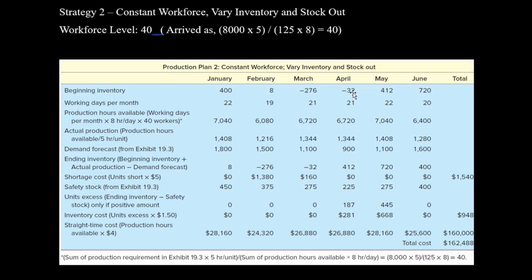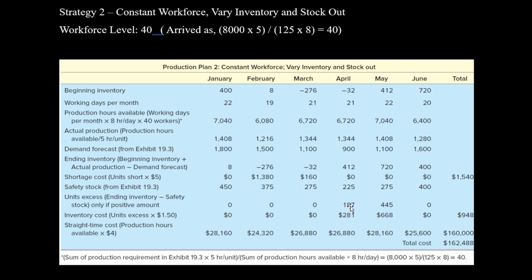21 days available. The production will be 1344. Demand is lower, 900. So here we are going to have 412 left over after completing the back orders, right? Safety stock is 225. So after this safety stock, 187 we have to carry as our ending stock or excess units, right?